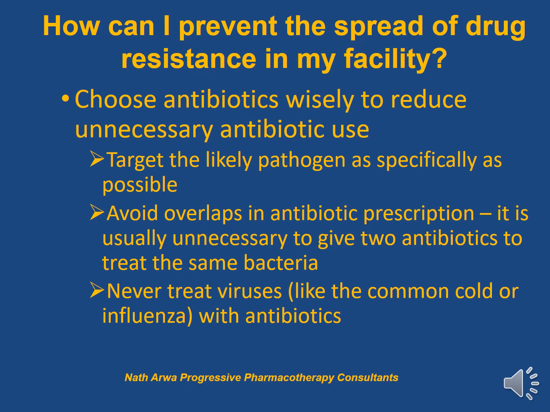We should also avoid overlaps in our antibiotic prescriptions. We should avoid adding sugar to honey. In other words, we should avoid using 2 antibiotics tackling the same bacteria, especially in the mild infections.